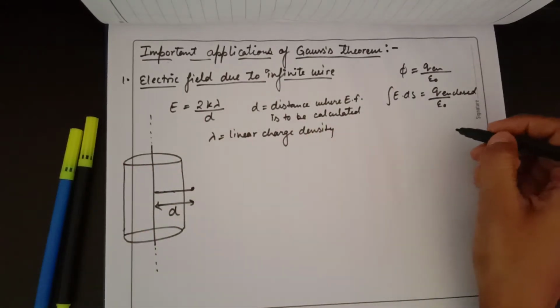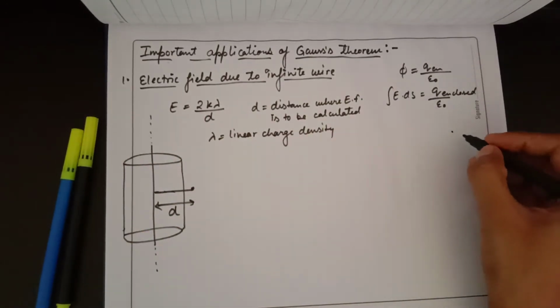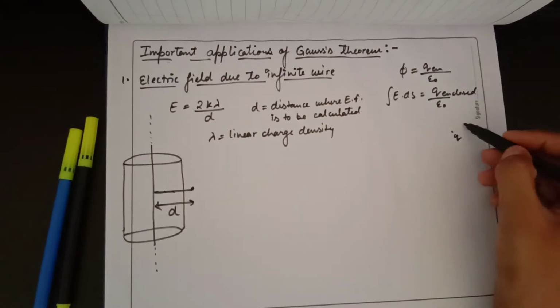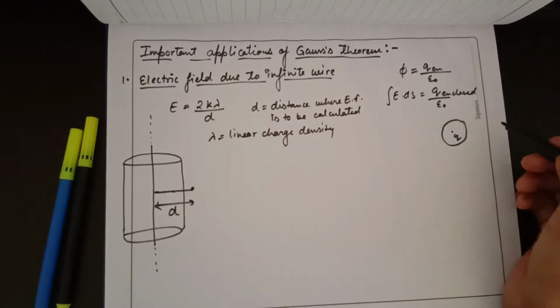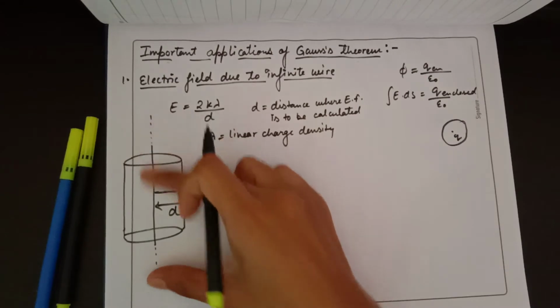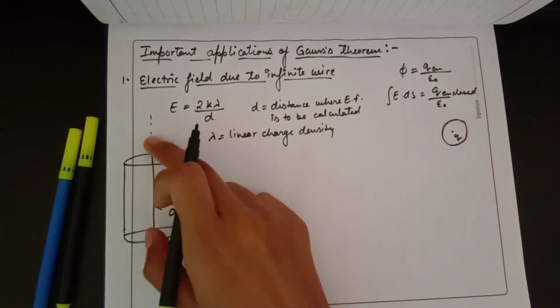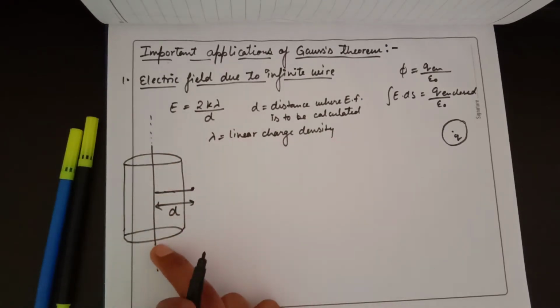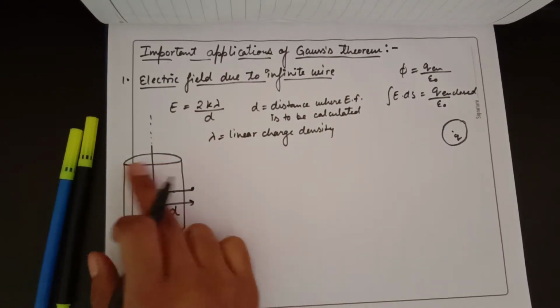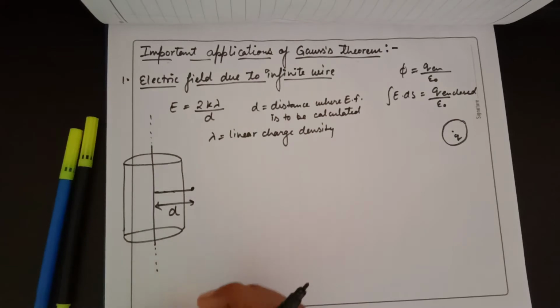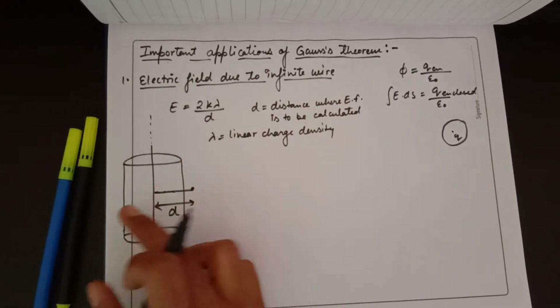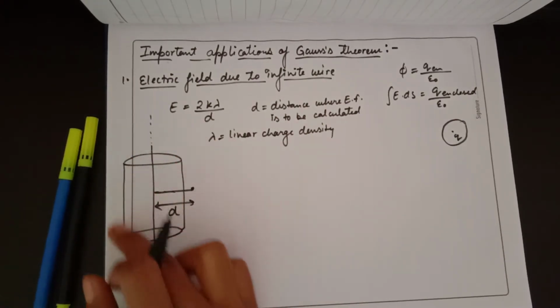If we had taken a small charge q, then the Gaussian surface would be a sphere, and when it is a wire we can say n number of charges are linearly aligned like this, and if we imagine it in 3D, it will take the form of a cylinder.